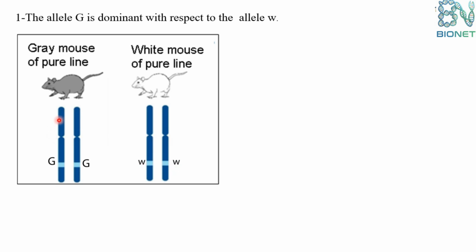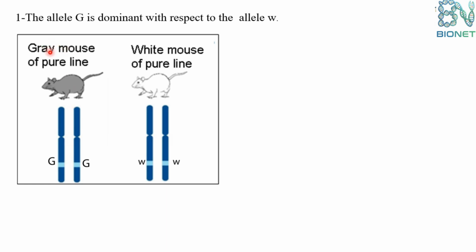We know that by the process of meiosis, the diploid cell will give haploid cells. Haploid means that the cell has one copy of each chromosome. Here in our example, we are studying two chromosomes.